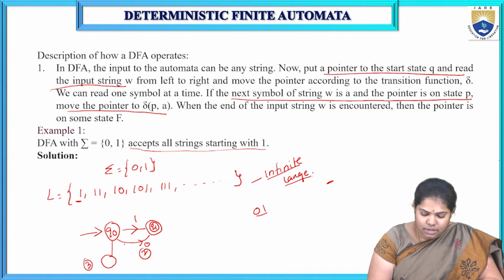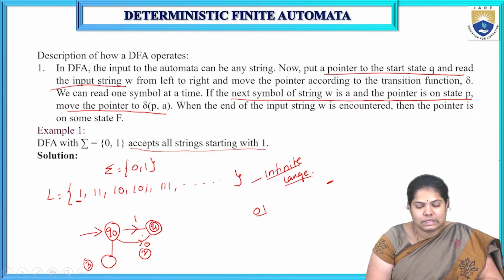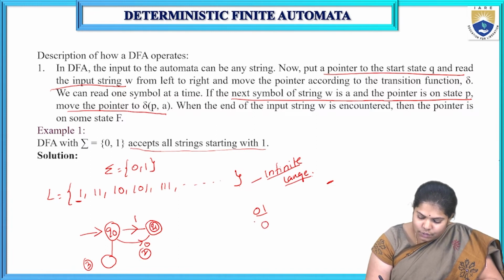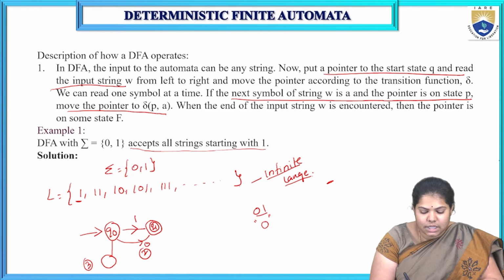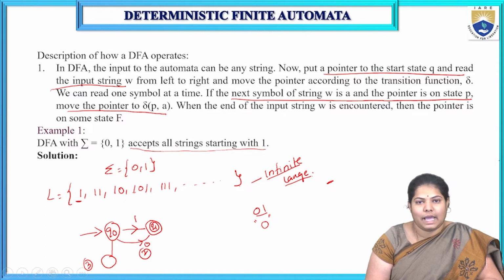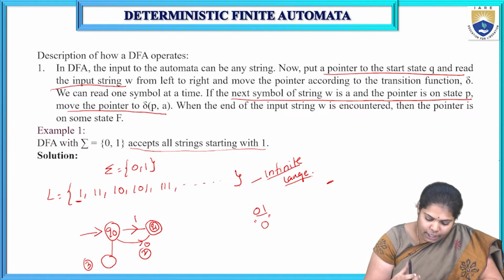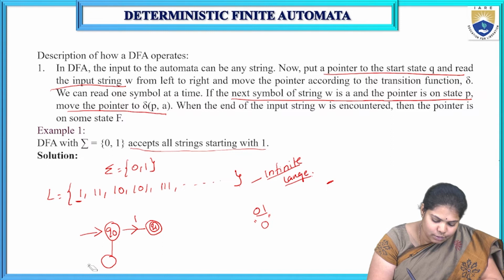Next one, sending it to the next state, Q0 to Q1. In this case, I can also execute a string called 0, which is not present in my language. So the second option is also ruled out. Right? And the third option is sending it to the dead state. We don't have any other option, so we are just sending it to the dead state.